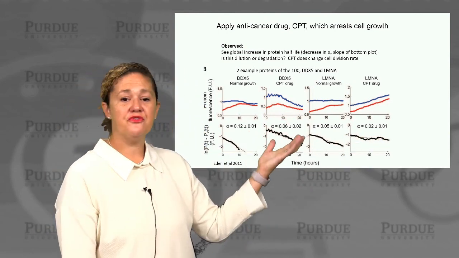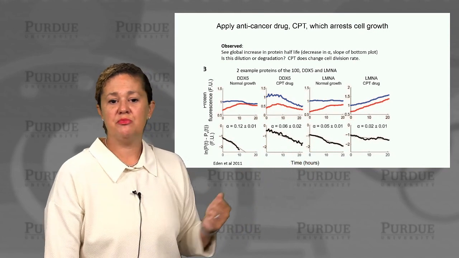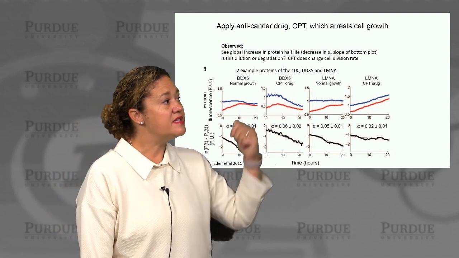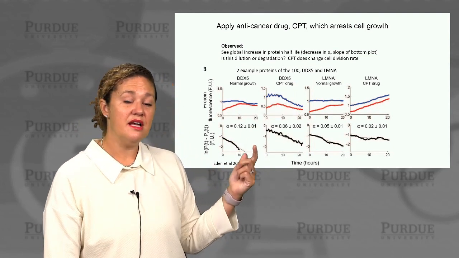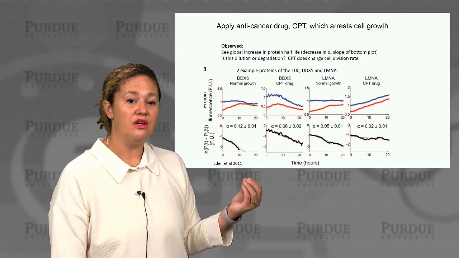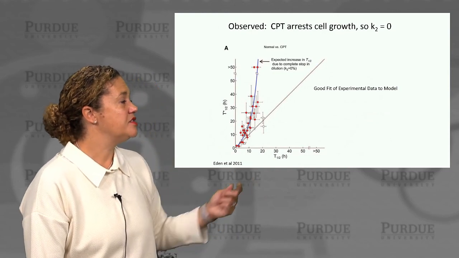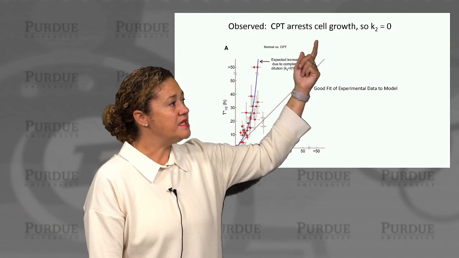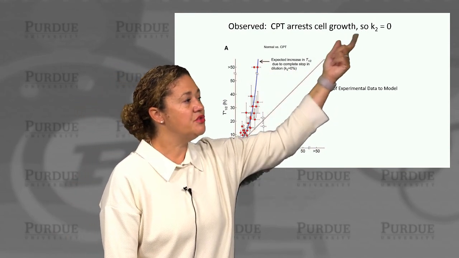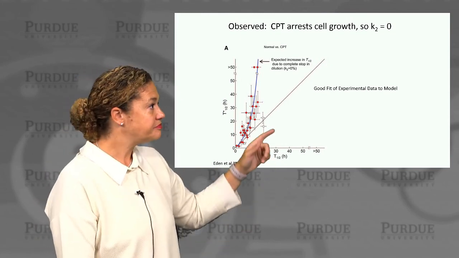So the question from this: you can't tell just by looking at alpha what the contribution from dilution and degradation is. And we do know that CPT arrests cell division. So the question is, if we put that into our model, does our experimental data fit our model? And this is what they did. Because CPT is an extreme and fully arrests cell growth, they put in a K2 value of 0, so there's no dilution term.